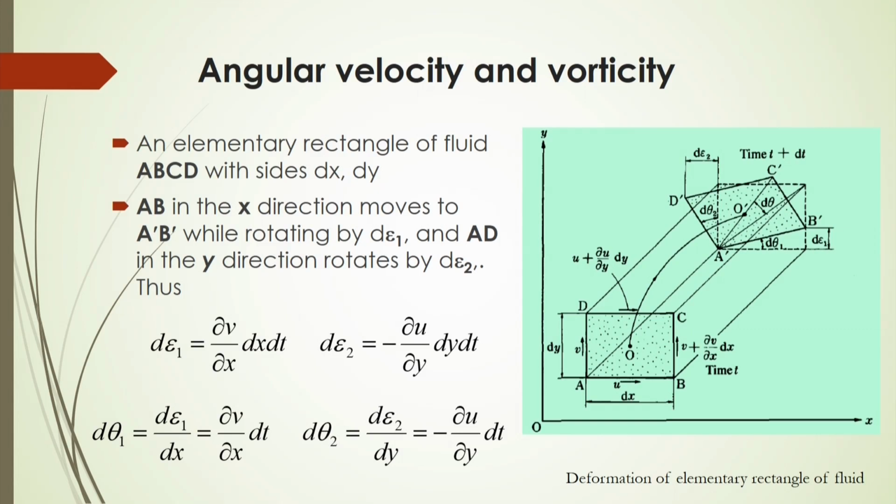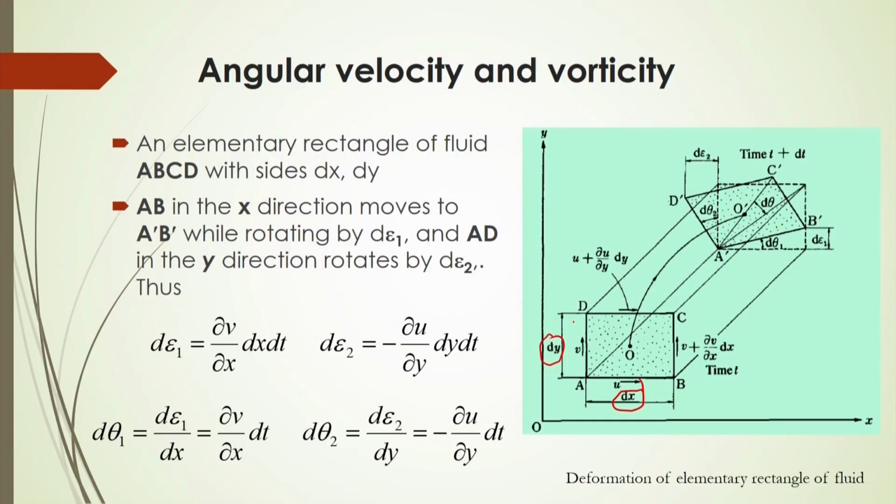Now, angular velocity and vorticity: you have to find out the velocity of that rotation, which is called the angular velocity. Now, consider an elementary rectangle of the fluid, here in the diagram, as ABCD with small sides dx and dy. This is one face of the rectangle.